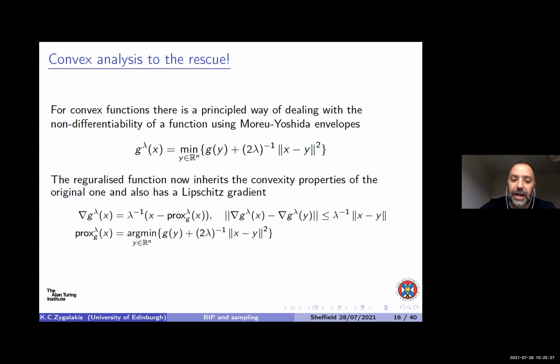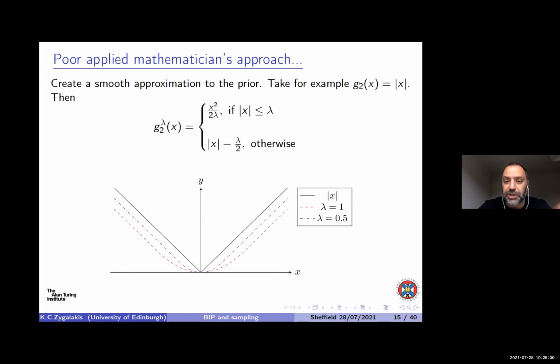So you can actually write down the gradient of g lambda. It's Lipschitz continuous with parameter lambda to the minus one, and calculating this prox relates again to an optimization problem. If you ask how g lambda of x looks for this specific example of the absolute value of x, it would be nothing else than what I just described.